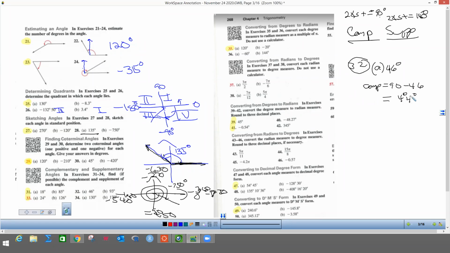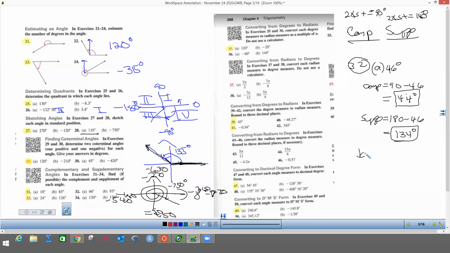So 44 degrees would be the complement. When you do a supplement, you're going to get 180 minus the given angle. So when you take 180 minus 46, you're going to get 134 degrees. So that would be the supplement.